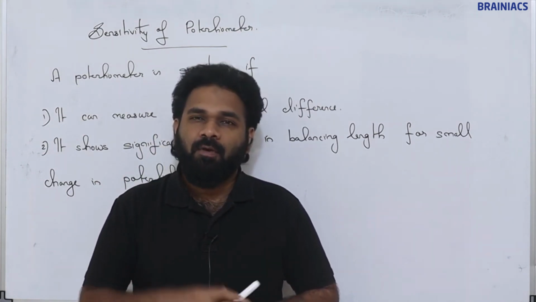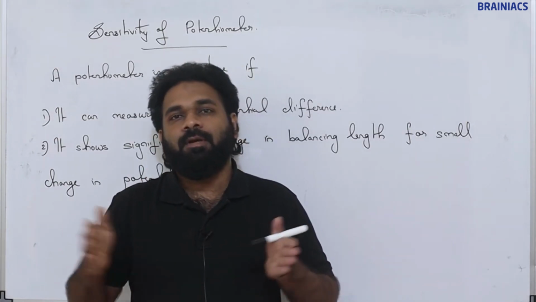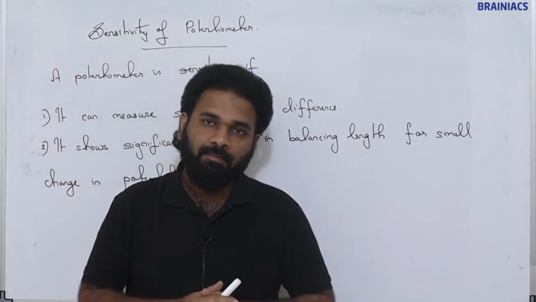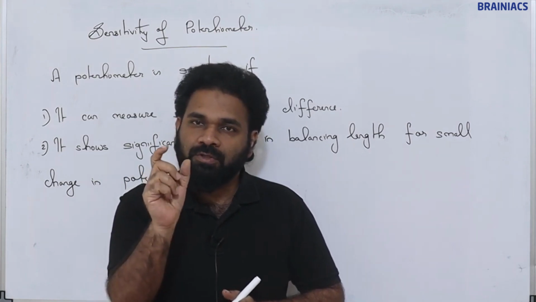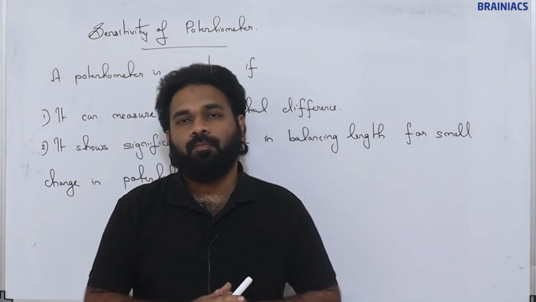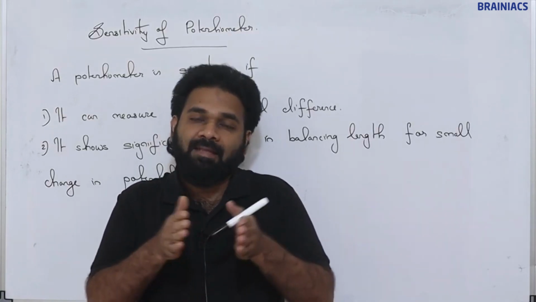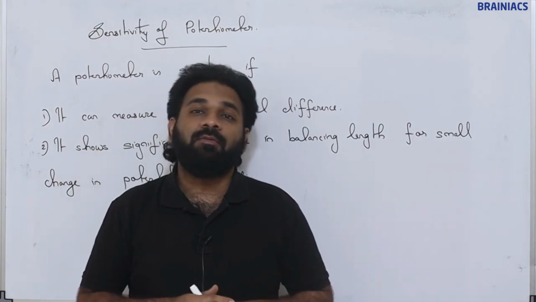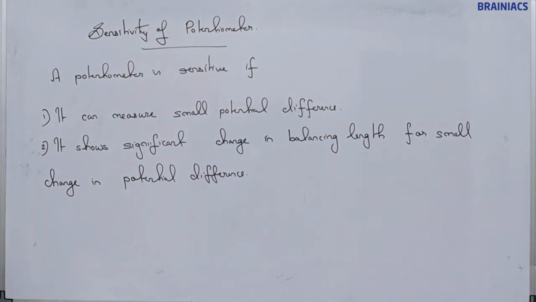That is, for a small change in voltage, there is a big balancing length difference. So it will detect even a very small change in voltage. Just read this: it can measure small potential differences.